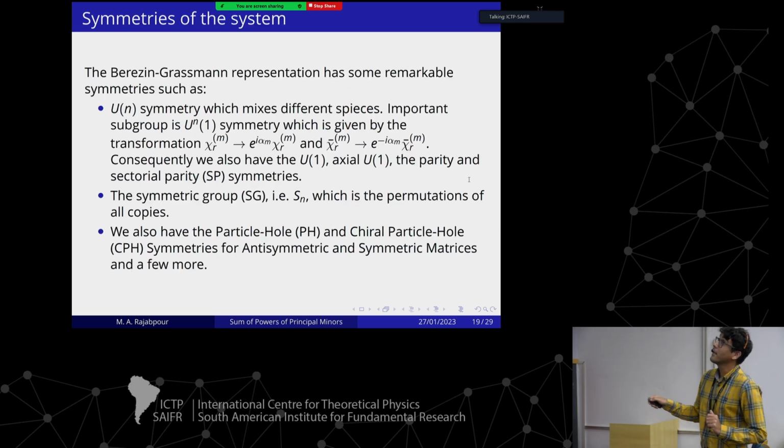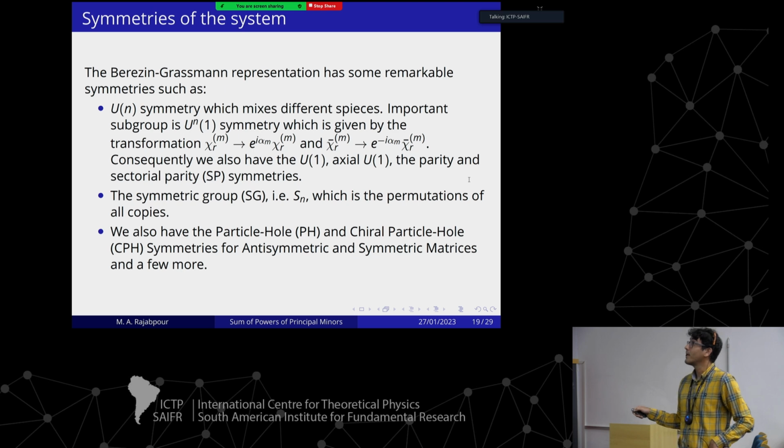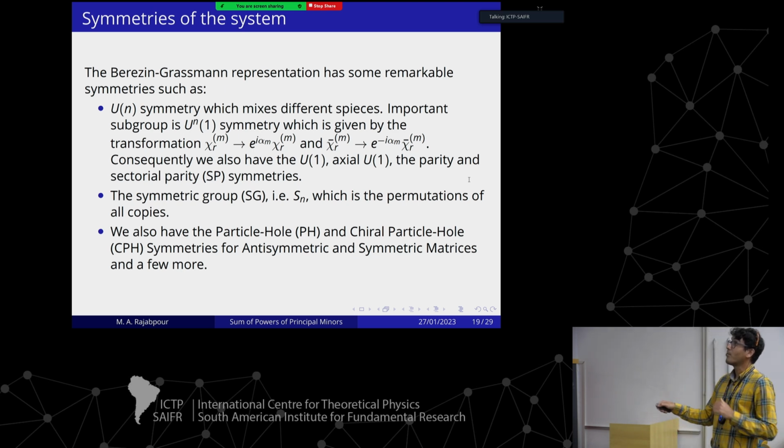But before that, let me tell you that this representation shows a remarkable number of symmetries. It shows the UN symmetry and some subgroups of UN symmetry, like UN1 symmetry. It shows chiral symmetry, axial U1 symmetry, all sorts of sectorial parity symmetry, symmetric groups Sn. Also particle-hole and chiral particle-hole, if you have symmetric or anti-symmetric matrices.